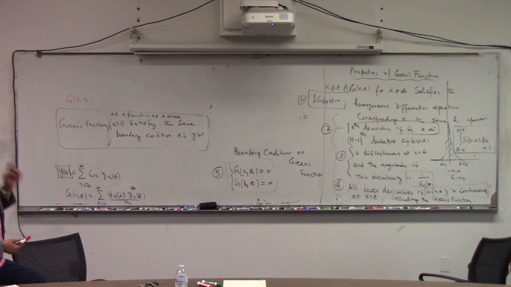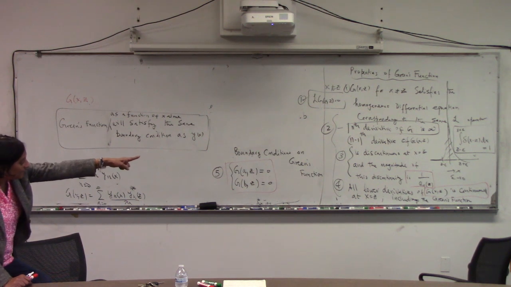Then if it's a second order differential equation, the first derivative of Green's function is discontinuous, and the amount of discontinuity is equal to the inverse of the coefficient of the second derivative at x equal to z. The third condition we are going to use is that the Green's function itself is continuous at x equal to z, at the point of discontinuity.